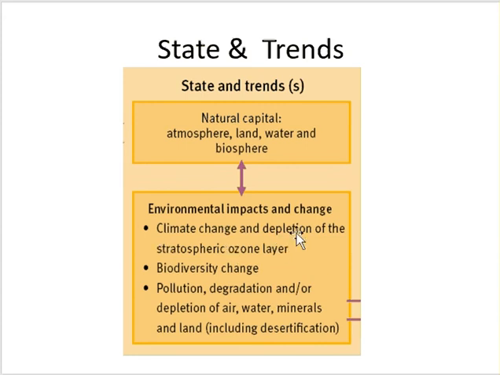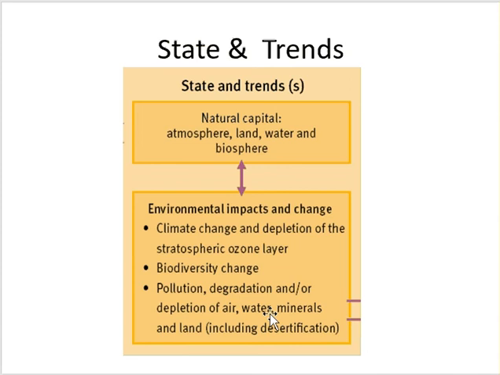Climate change is the big one, and also depletion of the ozone layer, although that problem is more or less solved now. Biodiversity change, mainly biodiversity loss, is one of the big trends, and that is going to cause big problems in the future. Degradation through pollution and depletion of air, water, minerals, and so on, including desertification.